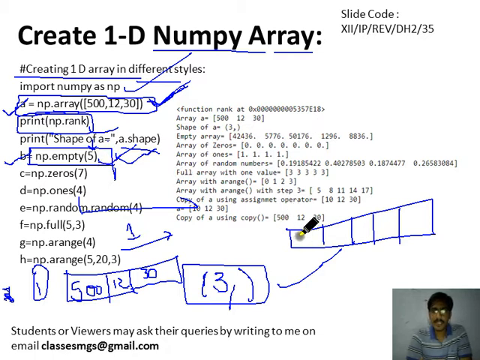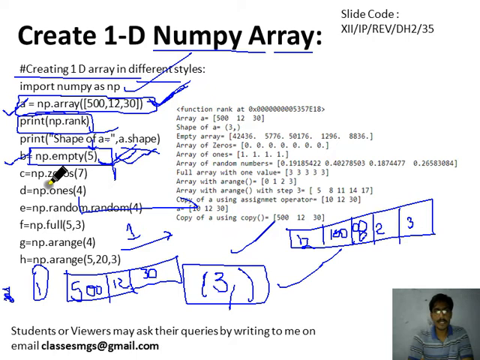Garbage value means it may have any value, there is no restriction: it may have 1, 2, 100, 98, 3, like this. It will have 5 elements but any value. Okay, so this is the example of the empty method.